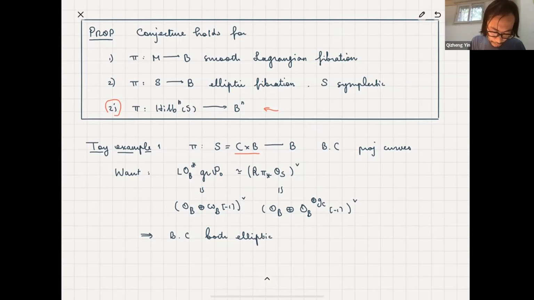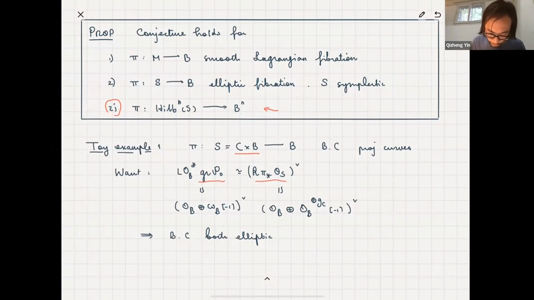Now, if you believe this conjecture, you want to test, for example, that on one hand, you do derived pullback of the graded of P0. On the other hand, you do the derived push forward of O of S. You want to see when they are the same. Then you do an easy calculation. This derived pullback is just a self intersection.